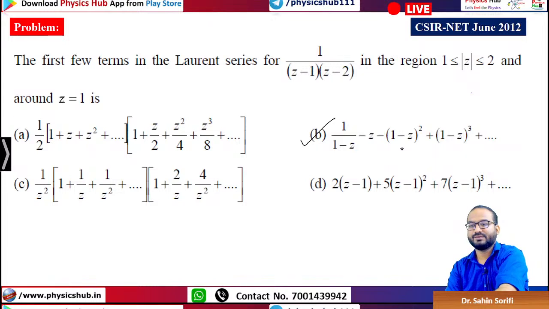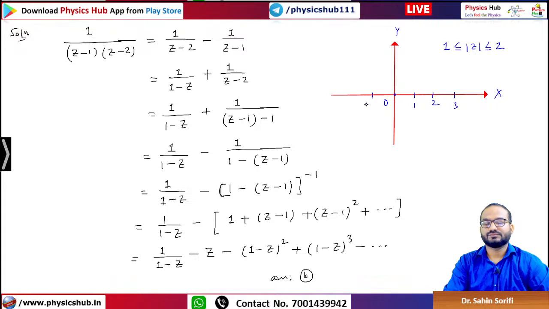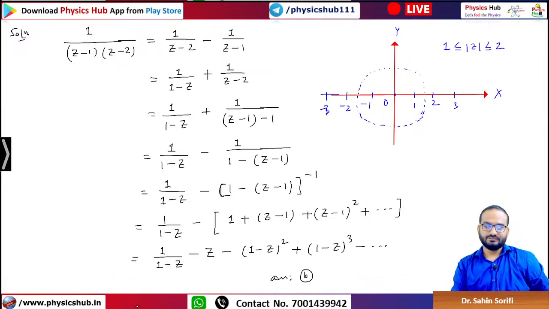So z will remain between 1 and 2, and on the negative side minus 1, minus 2, minus 3. So somewhat a circle like this, no? Do you agree with me? Its radius is more than 1 but less than 2. That is the meaning of this thing.